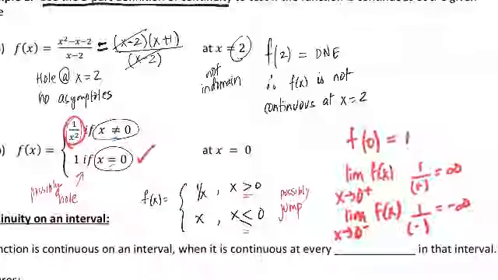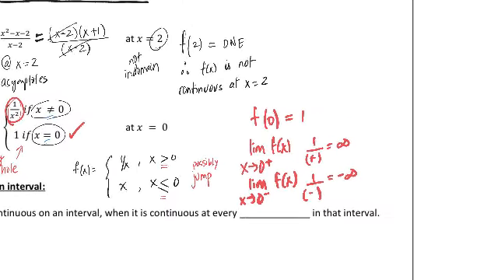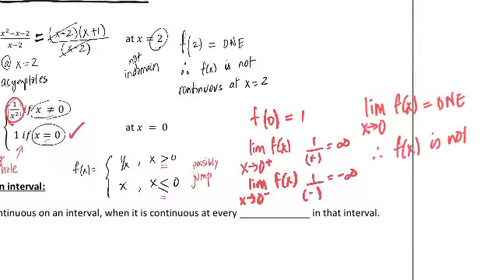The limit doesn't exist. Remember that infinity in any case is really a DNE. So since the limit doesn't exist, you can just say the limit of f of x as x goes to 0 equals DNE, therefore f of x is not continuous. Again, we are showing our reasoning based on the three-part definition.